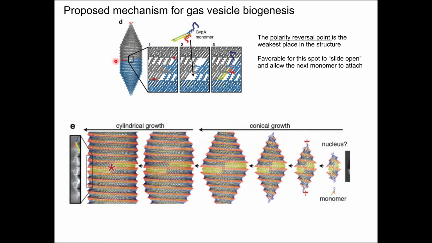The part where the two helices hit and they're opposing, they call the polarity reversal point, and they assume it's the weakest place in the structure because the way the monomers would touch laterally, there's not much hydrogen bonding compared to how they normally would be. And so they predict that this would be a favorable spot for the structure to slide open and allow the next monomer to attach. Purely hypothetical because they don't have any evidence to really back this up, but it's what they're going with.